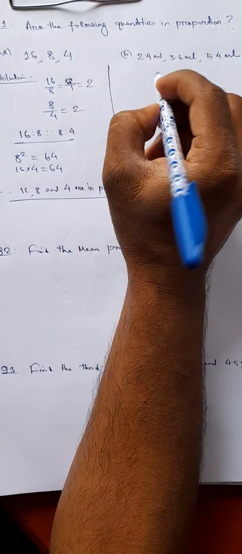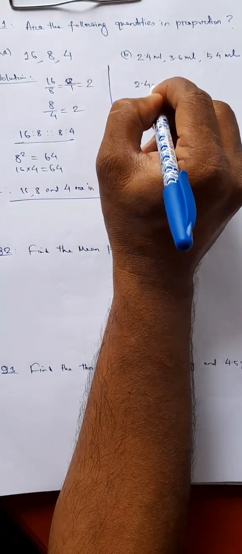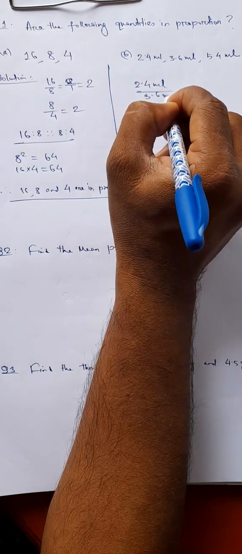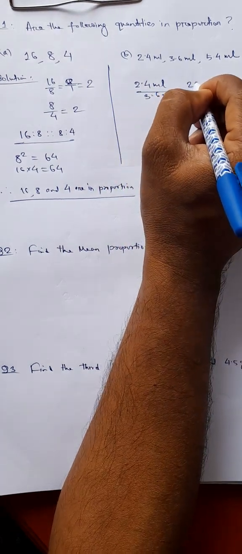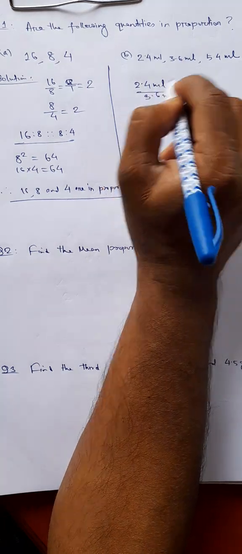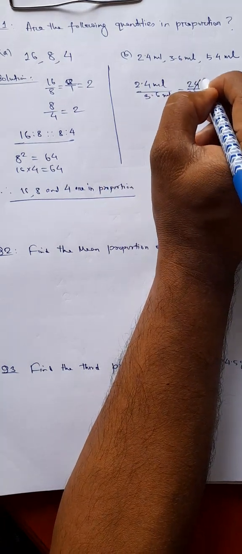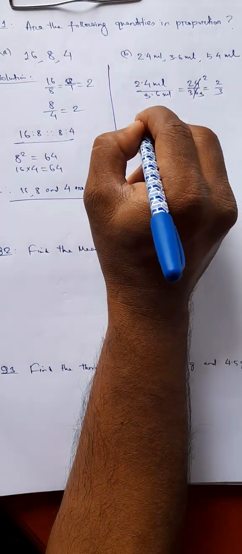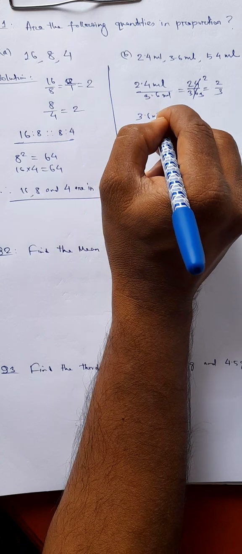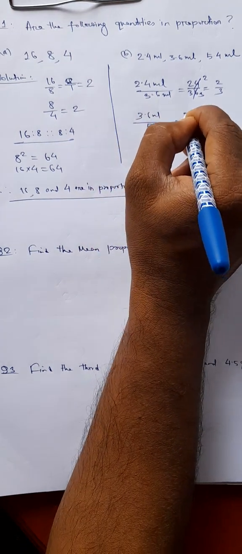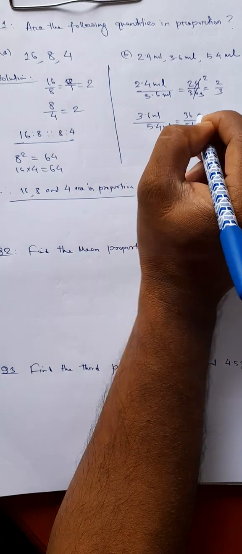Similarly, let's check this. 2.4 ml divided by 3.6 ml means 24 by 36, multiplying both by 10. Dividing by 12, we get 2 by 3. Now 3.6 ml by 5.4 ml means 36 by 54.